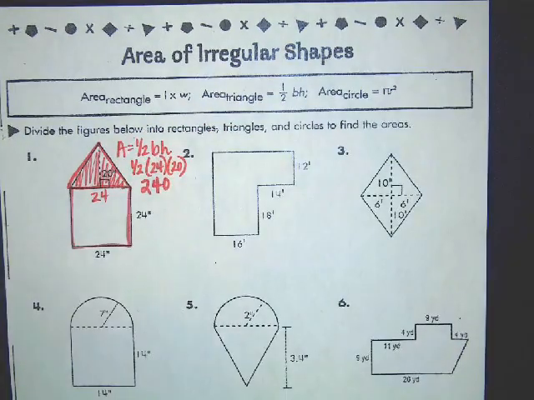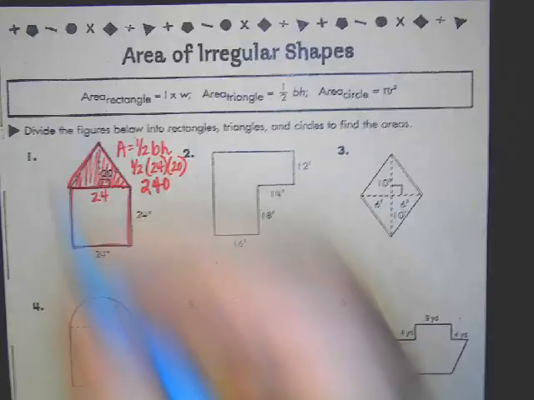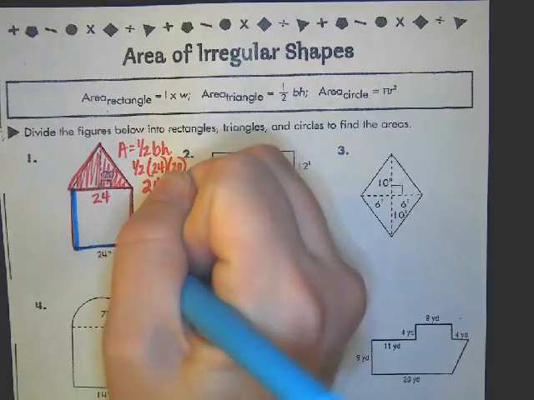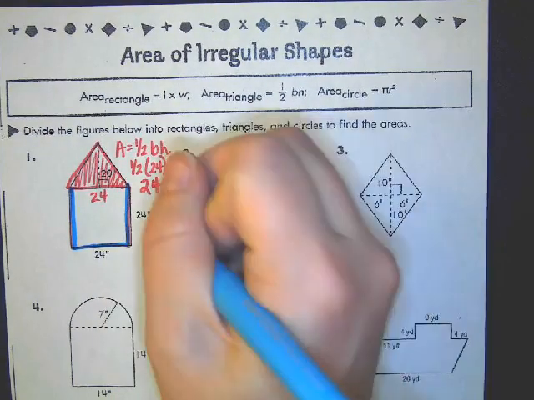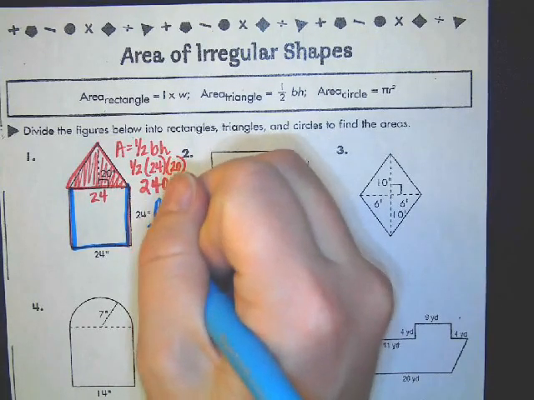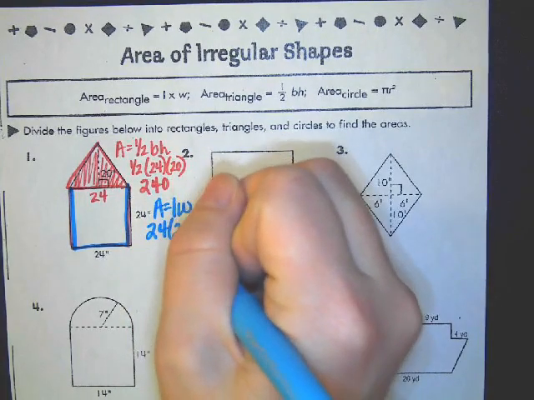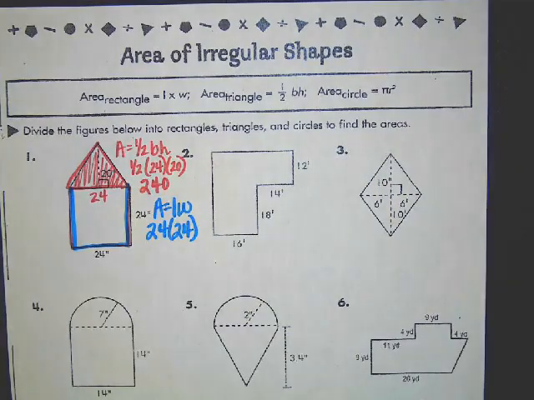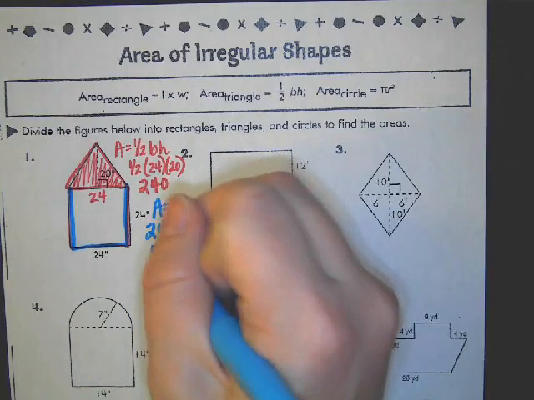Now I need to find the area of the square. Again, to find the area of a square, I could just do length times width, which is 24 times 24. In your calculator, 24 times 24 gives you 576.